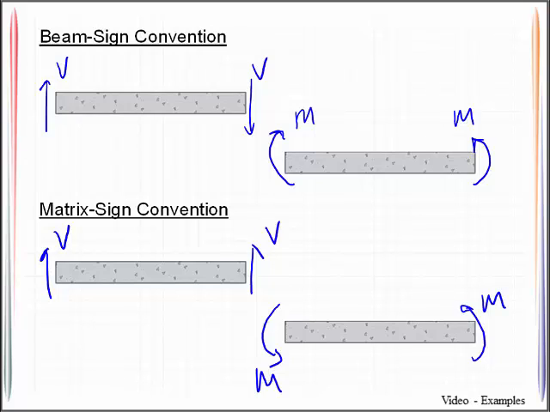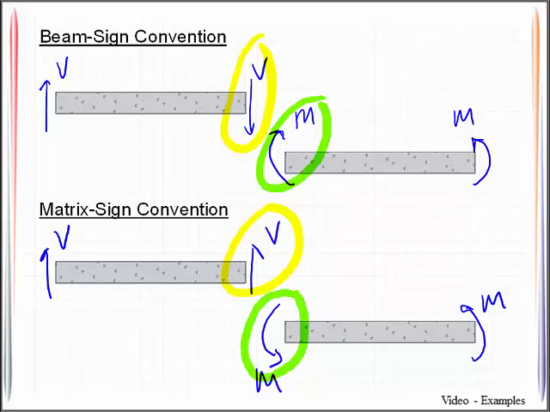So the ones in particular that we need to watch out for are these, because they will have opposite directions for the same sign. We also need to pay attention to these because they will have opposite signs for the same direction as well.